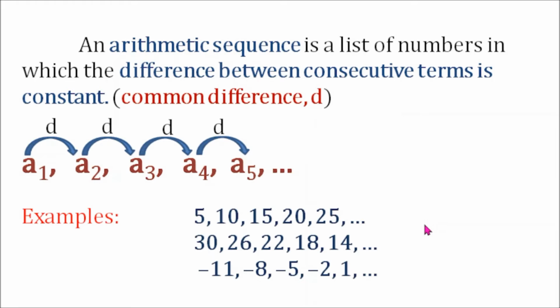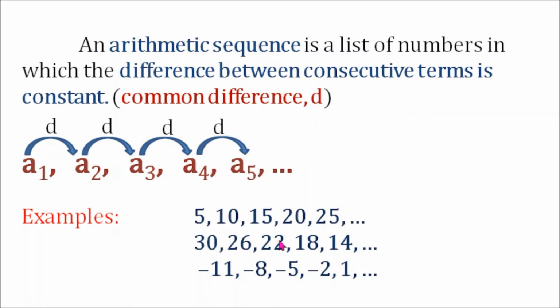So for example, we have this arithmetic sequence: 5, 10, 15, 20, 25. The difference between 5 and 10 is 5. Between 10 and 15 is 5. Between 15 and 20 is also 5, and so on. For the second example, the difference between 30 and 26 is -4.